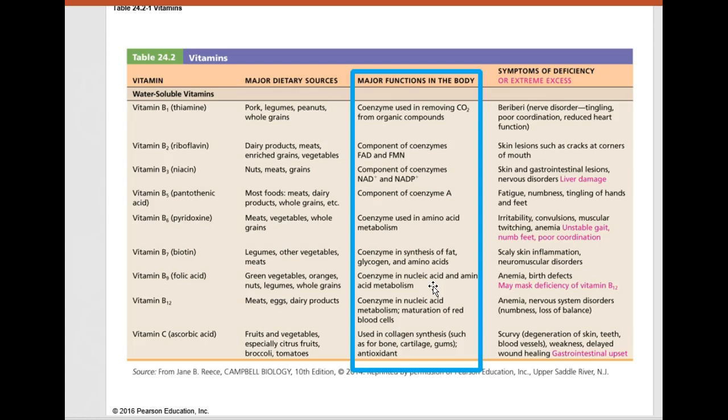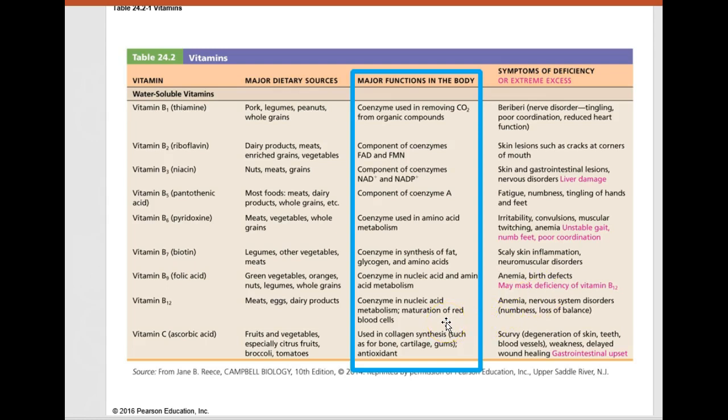You should also know that B9, over here it says birth defects, is specifically important in neural tube formation. The neural tube is the beginnings of the brain and the spinal cord. So lack of B9 can lead to conditions like spina bifida.